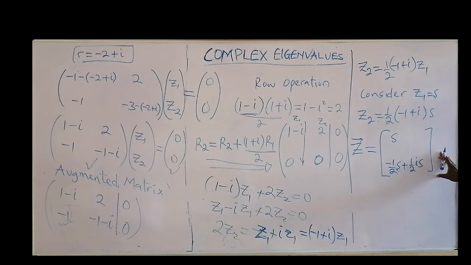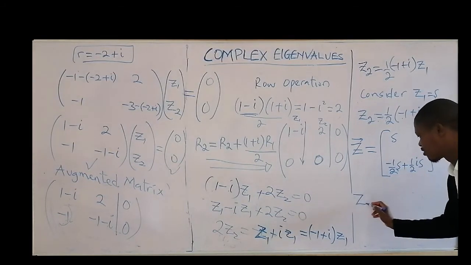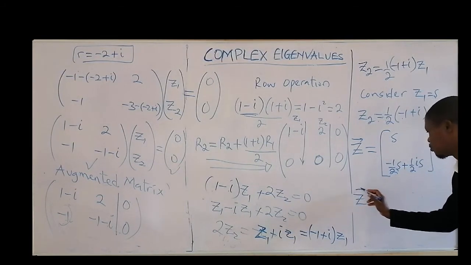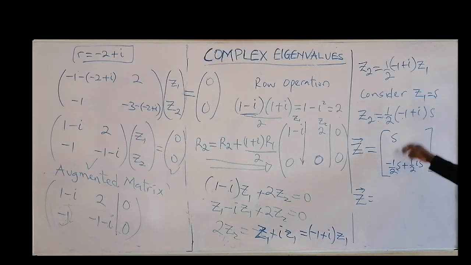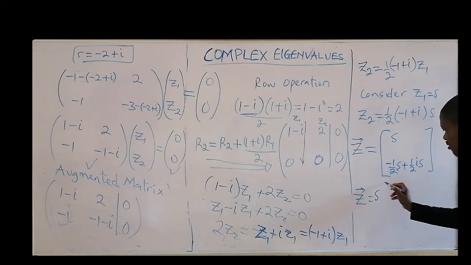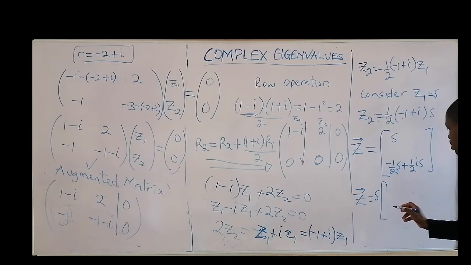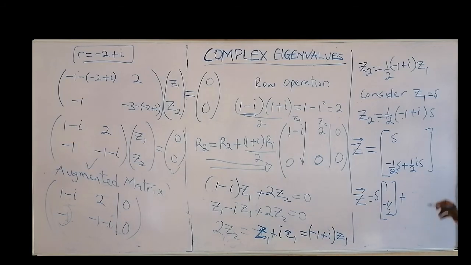So we can break this one into two parts. The eigenvector is equal to the real parts, and then we can factorize the x and take the x outside. That would be 1, and that would be minus half. Then the imaginary parts, take this i x outside.